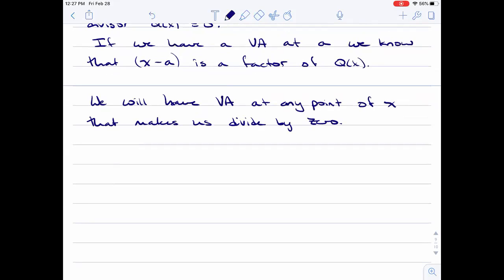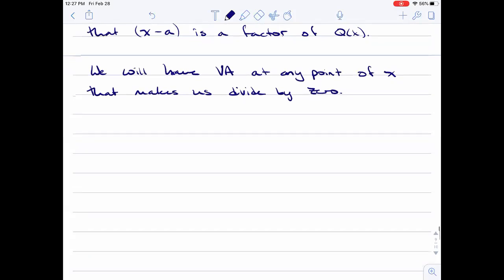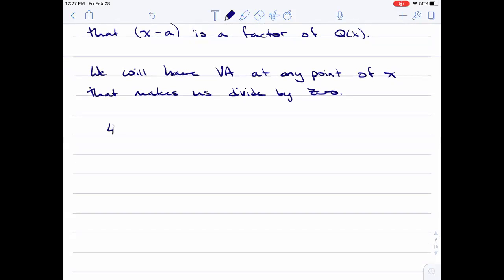So if we have a look at some of these examples, I only gave you a few numbers, but that should be plenty to work through all these. Just very simply, let's have a look at 43, which is just 4x minus 4 over x plus 2.